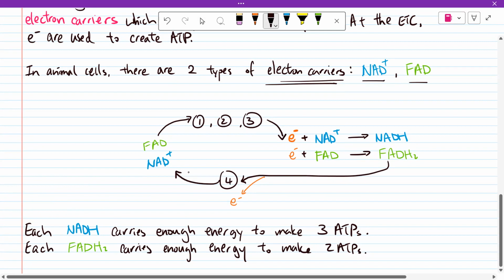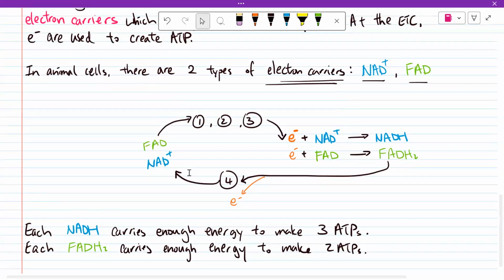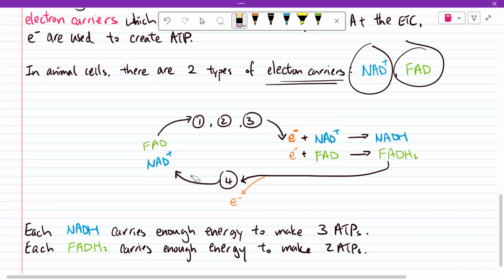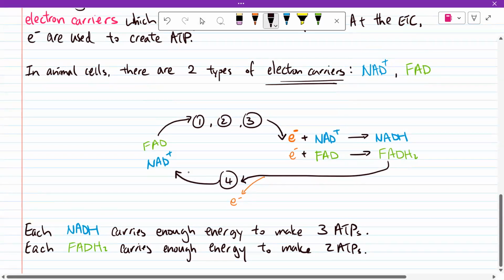They are both cars. They both can transport people, but the capacity is different. You can fit more people in one than the other. So in this case, you can fit more energy into NAD than you could for FAD. That's the difference. The energy being the electrons.